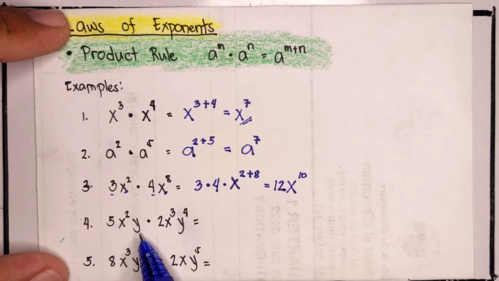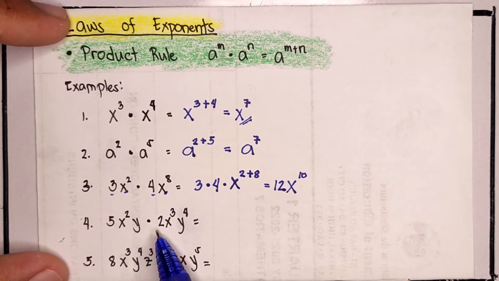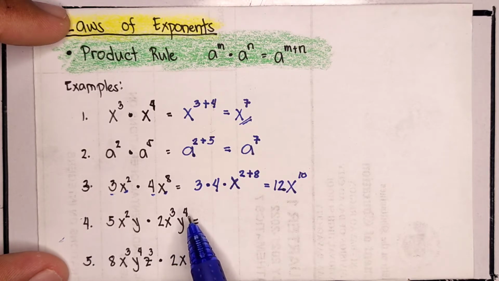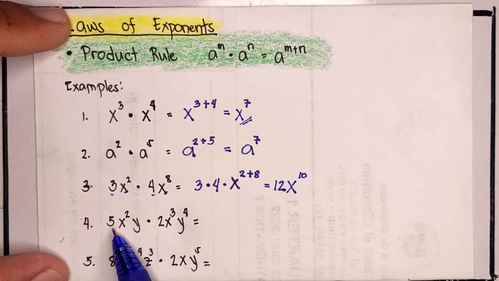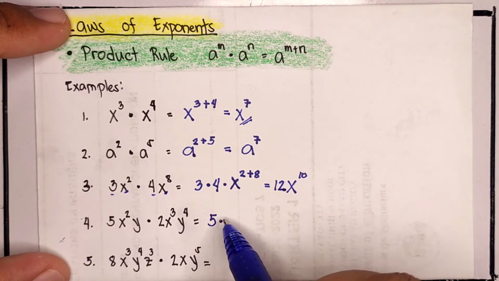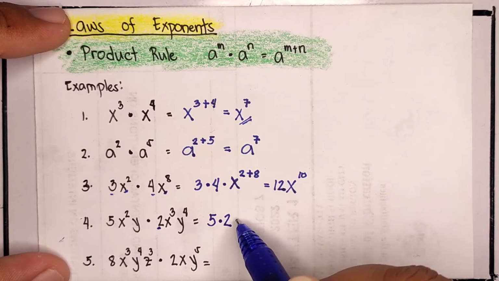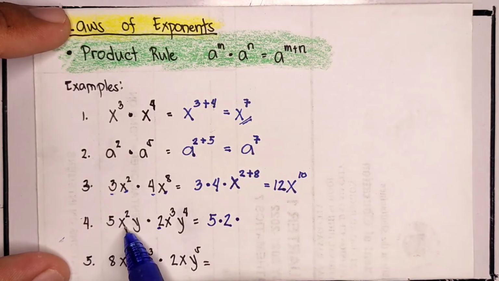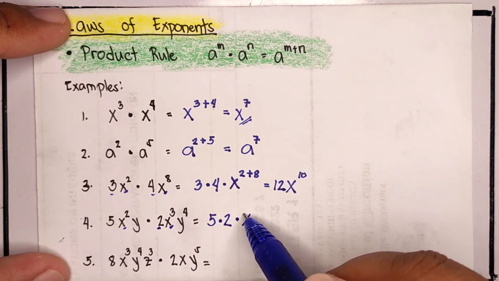5x squared y times 2x raised to the power of 3 y raised to 4. Simply, 5 times 2 times, we have the same base, which is x. Sulat natin.